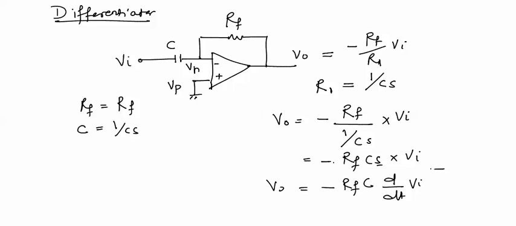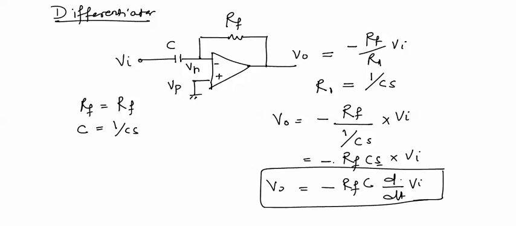So V0 is equal to minus Rf into C into d by dt of Vi. So in this circuit, the output depends on differentiation of input, hence it is a differentiator.